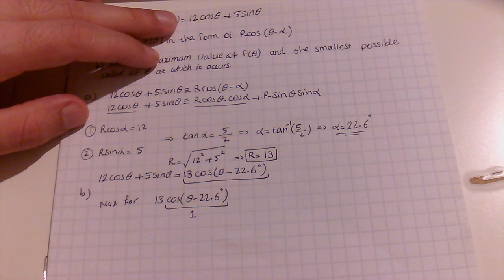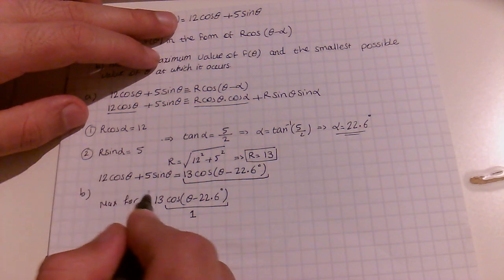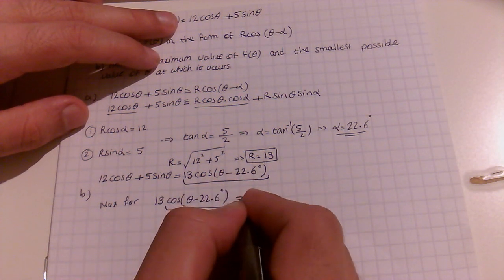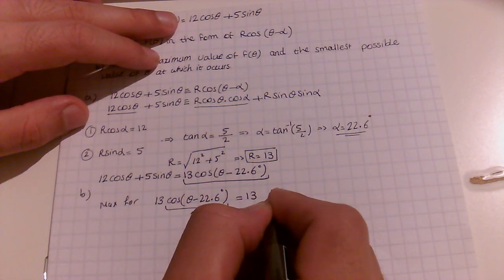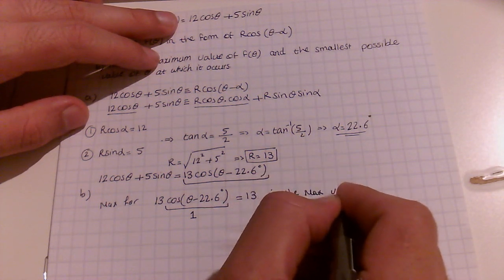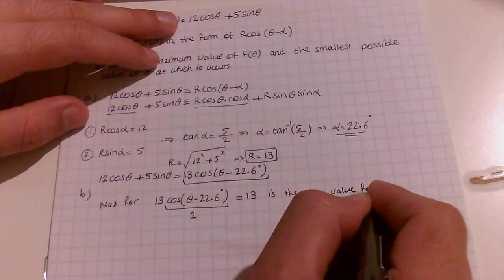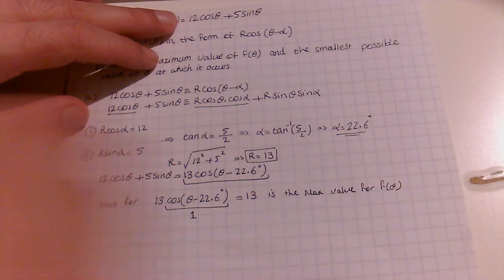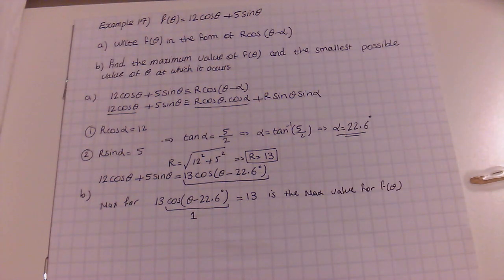If you square both sides, then you get r squared sine squared alpha plus r squared cos squared alpha equals 5 squared plus 12 squared. Or in other words, r is equal to square root of 12 squared plus 5 squared, or 5 squared plus 12 squared. It wouldn't make any difference.